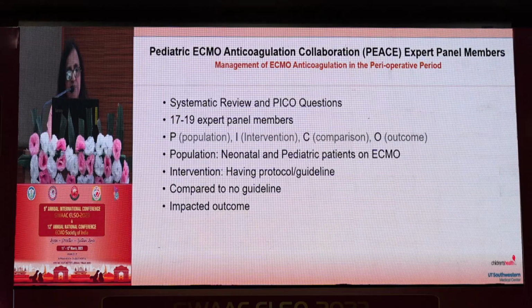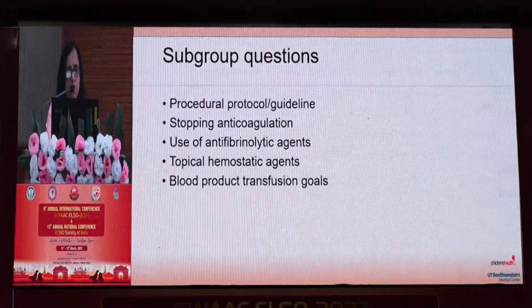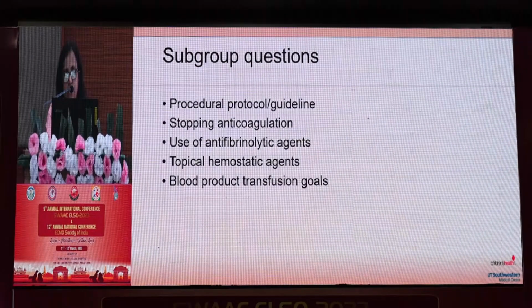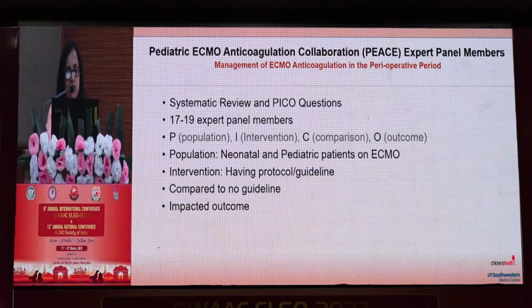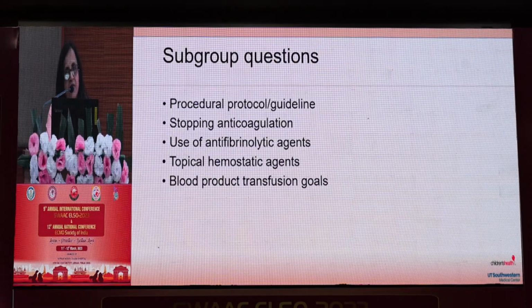So who was the population? Of course, it was the neonates and pediatric patients. The intervention here was whether having a protocol and guideline, and the comparison was no guideline, and whether it impacted outcomes. So what were the places where we looked at whether a guideline helped?